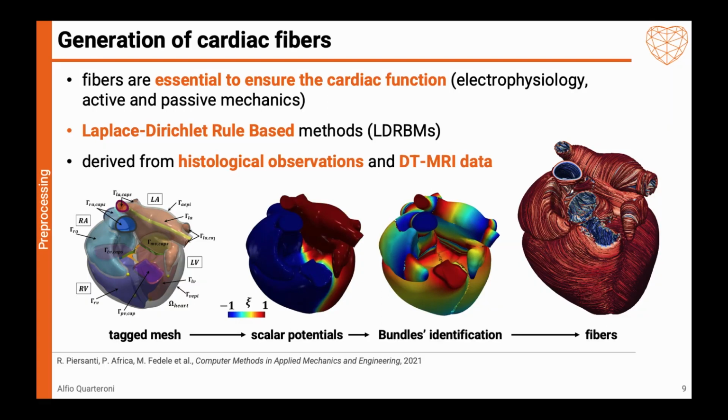And then you have other difficulties. For instance, the fibers. The fibers are extremely important because on one side they allow the electrical signal to be propagated, so they're very fast highways for electrical propagation. And on the other side, they have to create torsion to allow our heart to eject as much volume of fluid as possible. So knowing the fiber distribution is extremely important.